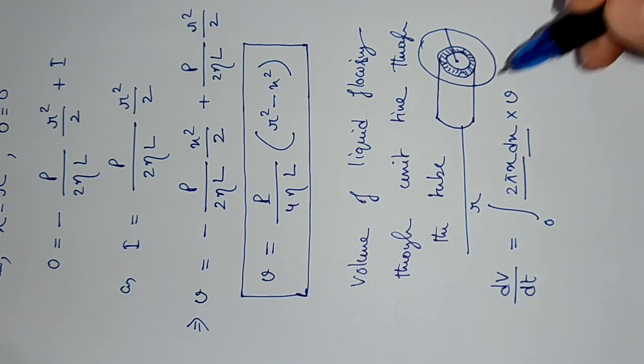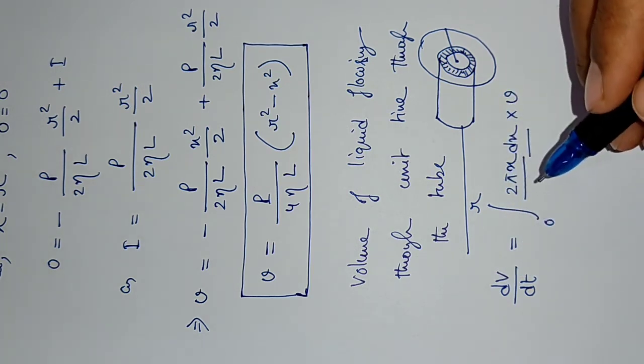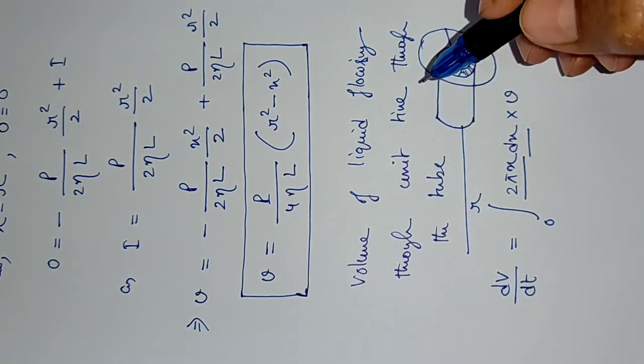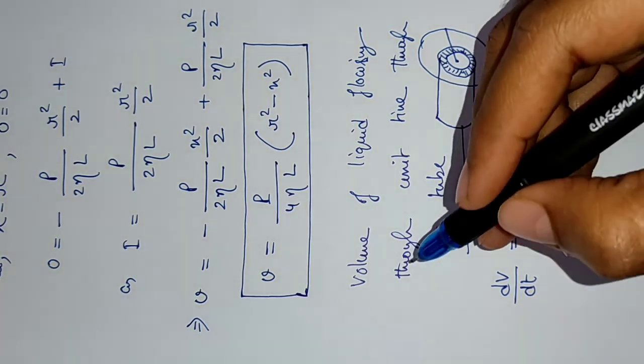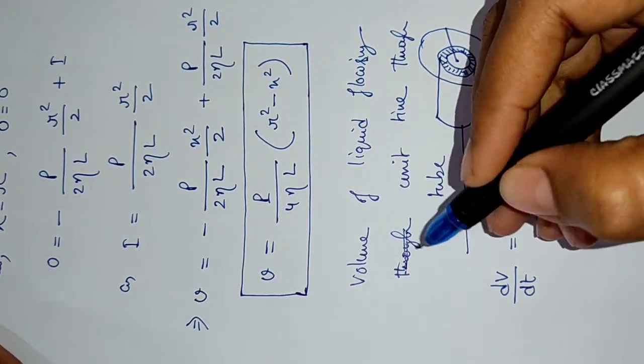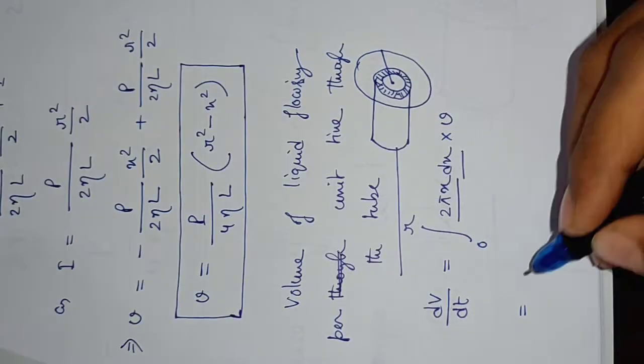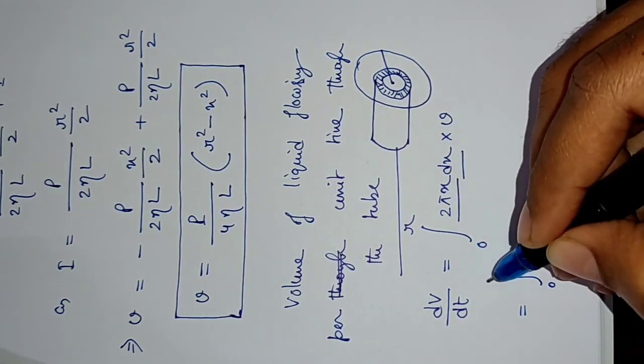So this expression can only give us the volume of liquid flowing per unit time through the tube. So it will be integration 0 to r.